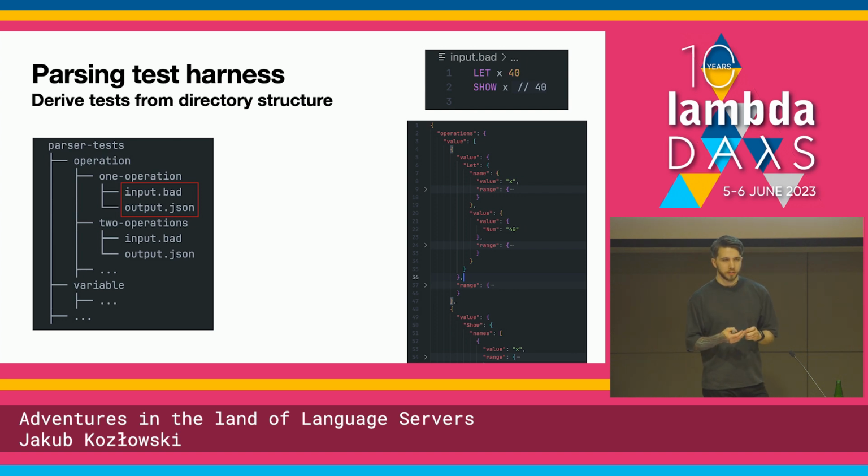I have a directory structure where there's a directory per piece of syntax, and inside that there's a directory per test case. And then there's an input file and an output, where the output is a structured result of parsing that input. In this case, it's serialized.json because it needs to be some kind of serializable format, but you get the idea.